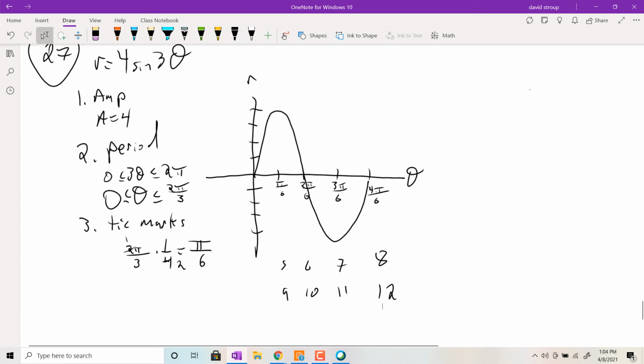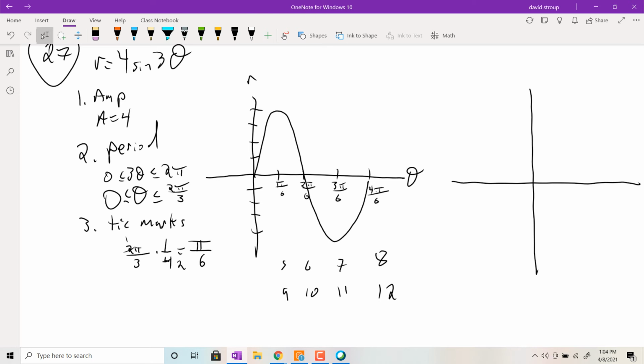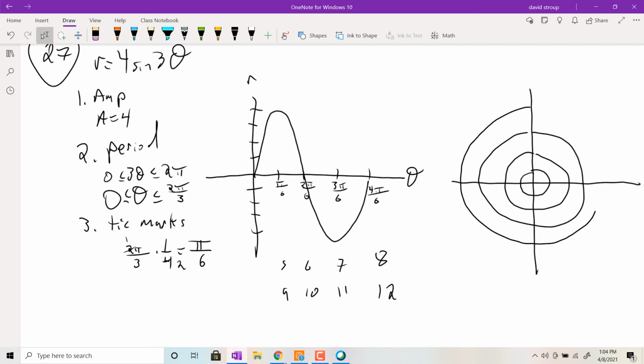And then I'm going to go to my xy plane, and I should see all of this, so you don't short change me. 2, 3, and then 4. And then you get some radial lines. I'm going by pi over 6s. Well, pi over 6. 2 pi over 6 is the same as pi over 3.